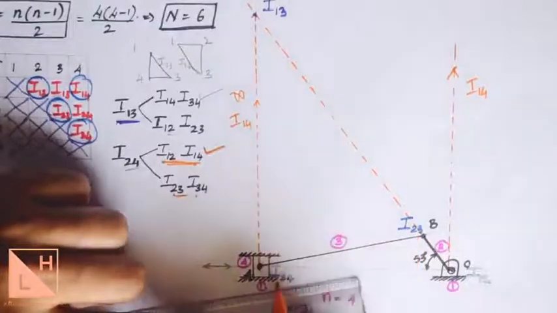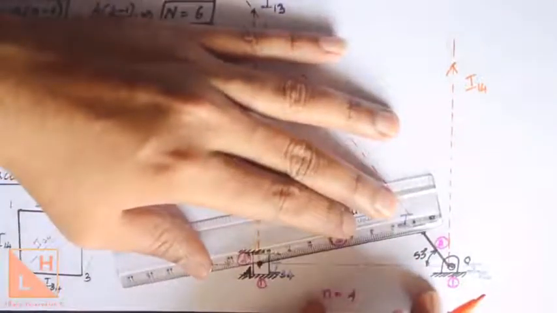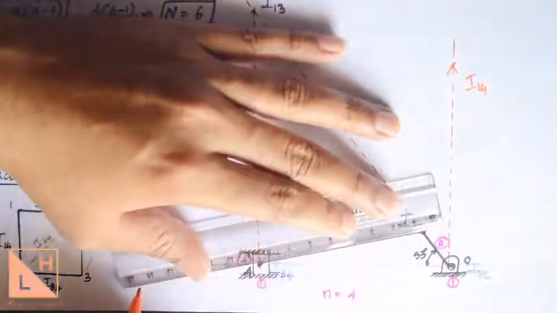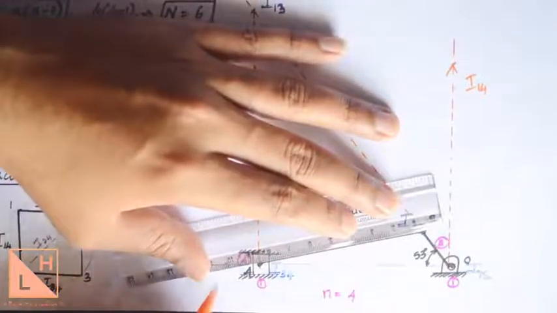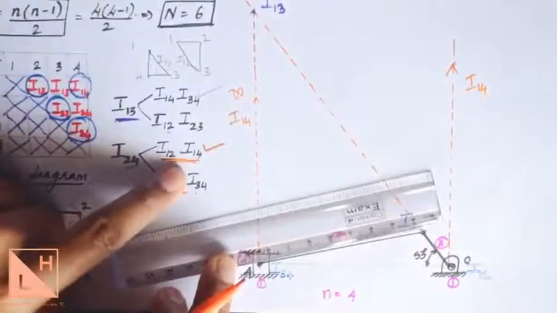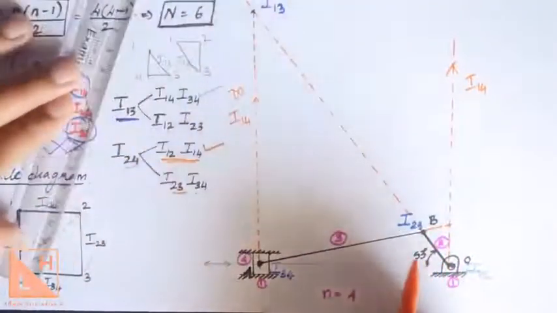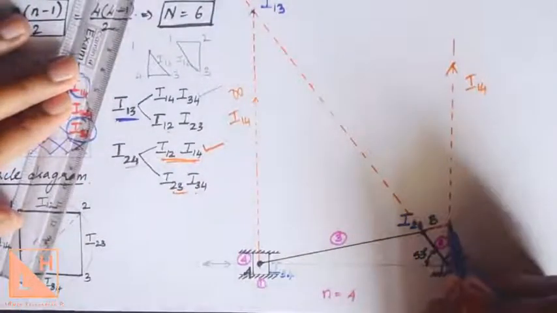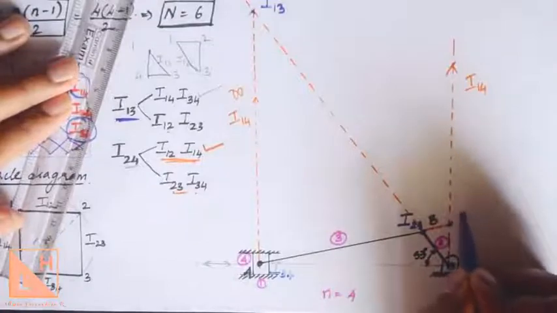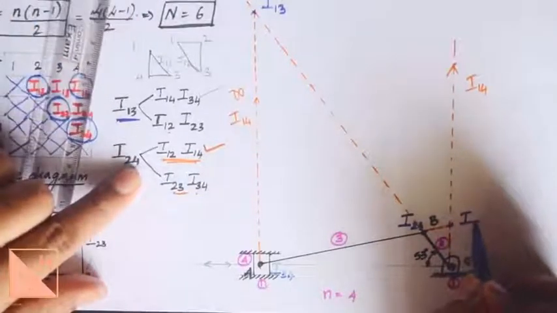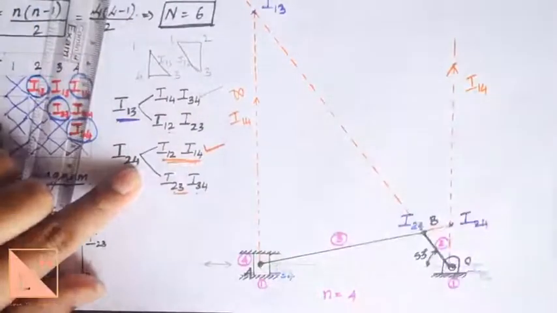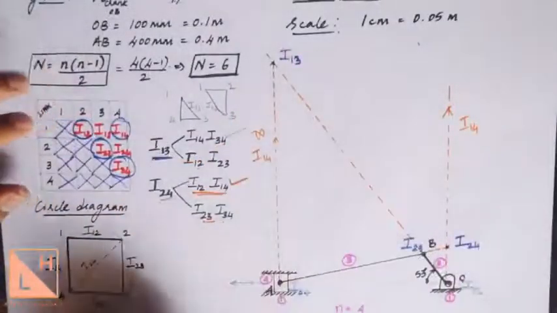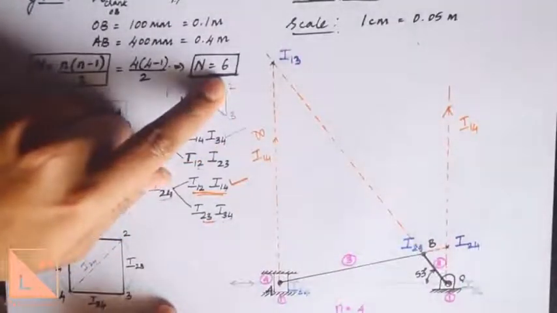So I23 is here, I34 is here. Do not extend the line in the opposite direction, which is useless, because I want to extend this line till it connects to the other line formed. So extend this till it touches that vertical line. Only that much extension is sufficient. The point you find here will be the next instantaneous center, I24.